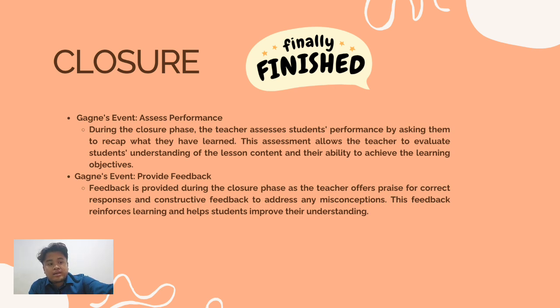So finally, conclusion. To sum up, by integrating various learning theories such as behaviorism, constructivism, humanism, and cognitivism, and aligning each phase of the lesson plan with Gagne's 9 events of instruction, I aim to provide a comprehensive and effective learning experience for my students.